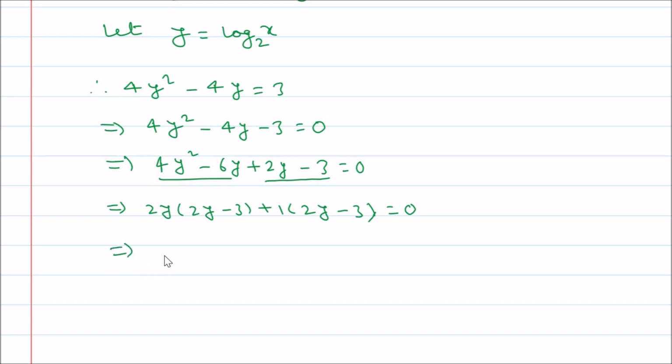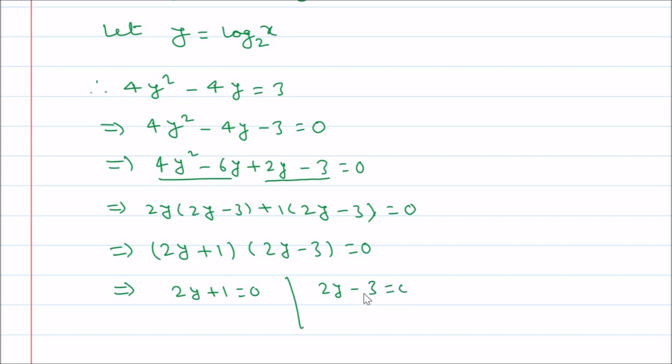This implies that we can write 2y plus 1 into 2y minus 3 equal to 0. This implies that 2y plus 1 equal to 0, or 2y minus 3 equal to 0. This gives us y equal to minus 1 by 2, and this gives us y equal to 3 by 2.